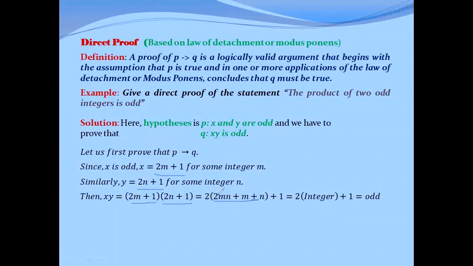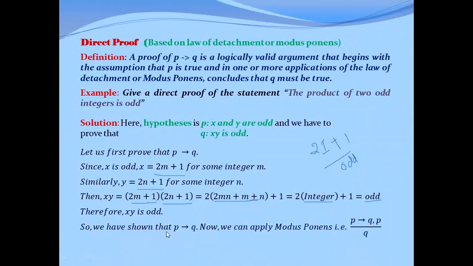So the whole bracket gives us an integer, and by the algebra formula we know that twice any integer plus 1 is always odd. So 2 times an integer plus 1 is odd, that is, xy is odd. Therefore xy is odd when x is odd as well as y is odd.